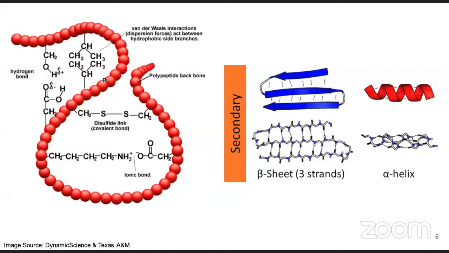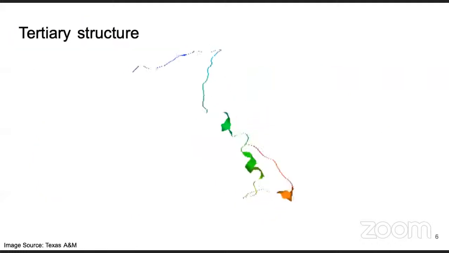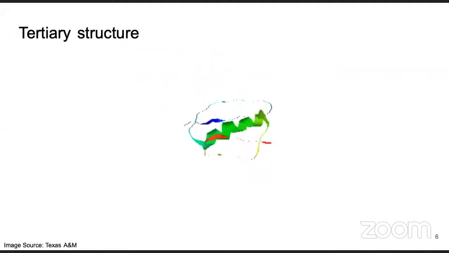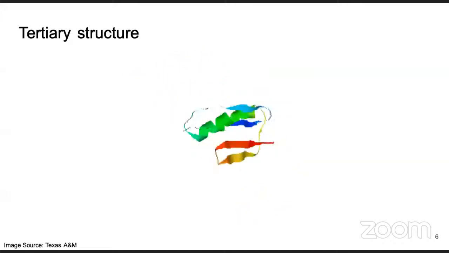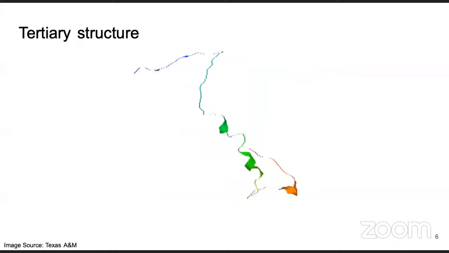And similarly, you have different kinds of stacking or packing interactions, which will lead to more complex structures. As a consequence of this, the protein will tend to fold up into a more complex three-dimensional structure. Now, why is it important to remember this?